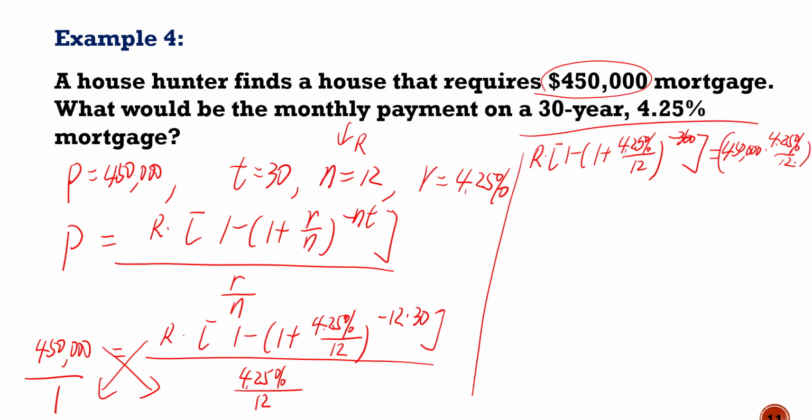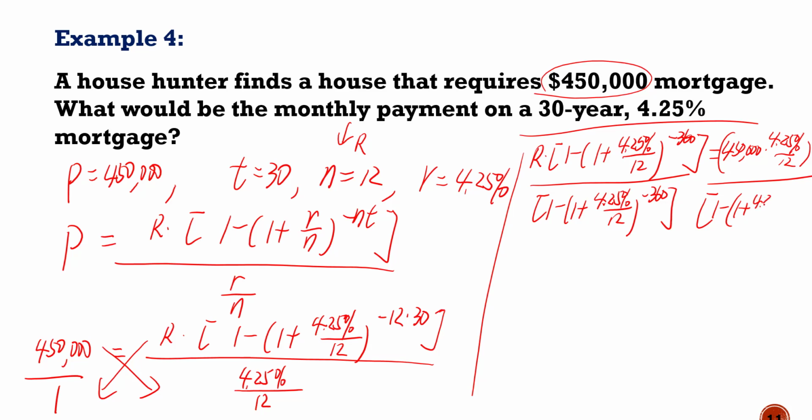Okay, and we just divide both sides of the equation by the square bracket, 1 minus 1 plus 4.25% over 12 raised to negative 360 power. On the left, we cancel this, so regular payment R is by itself. On the right, we have 450,000 times 4.25% over 12 over the square bracket.